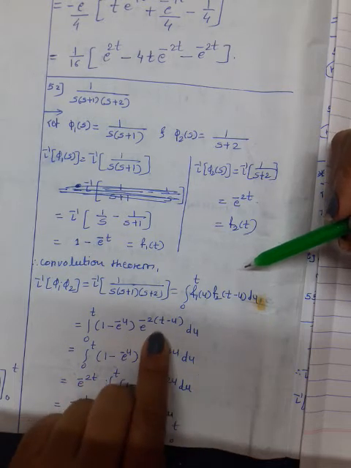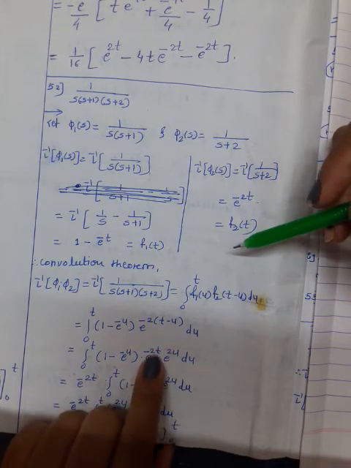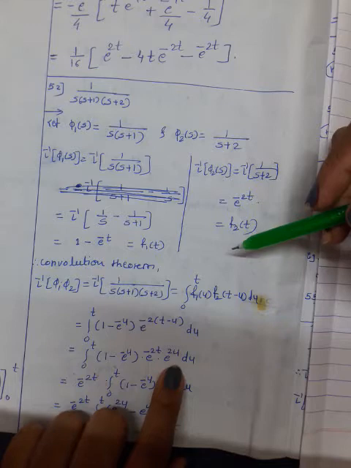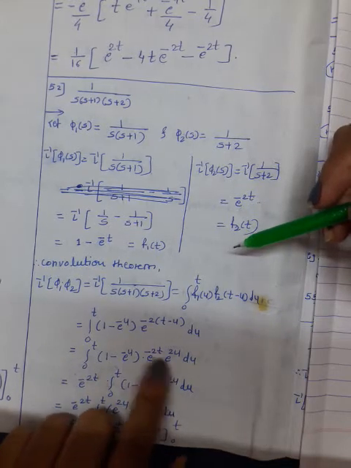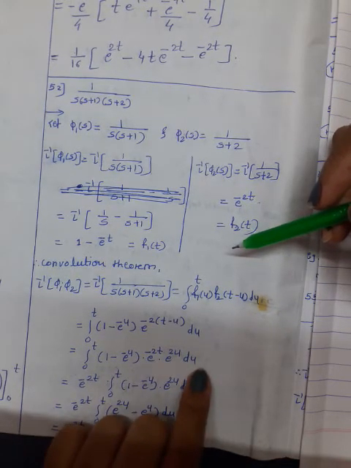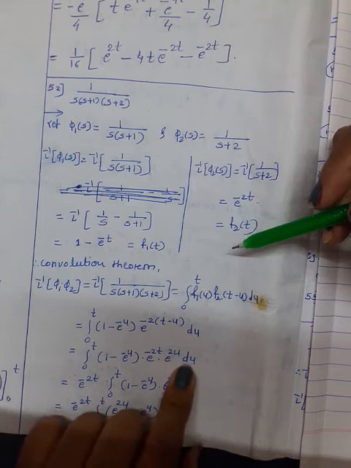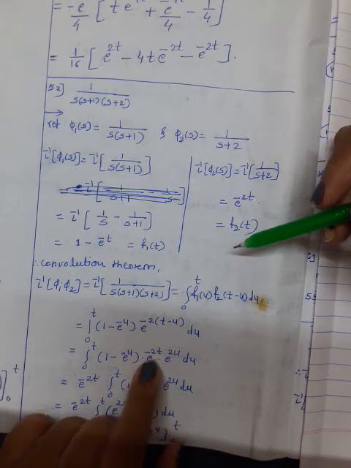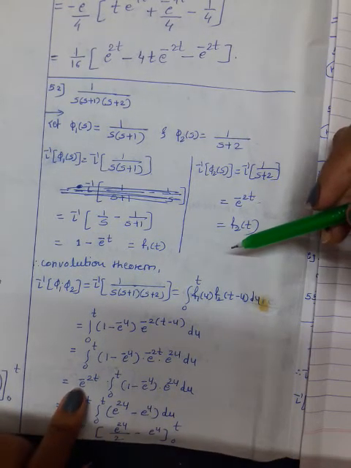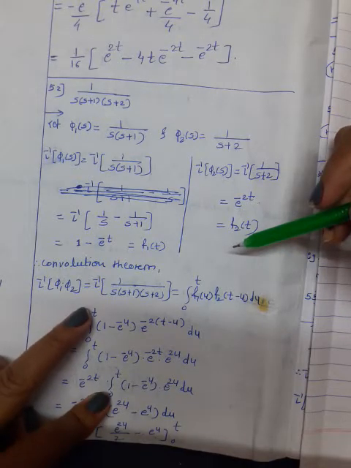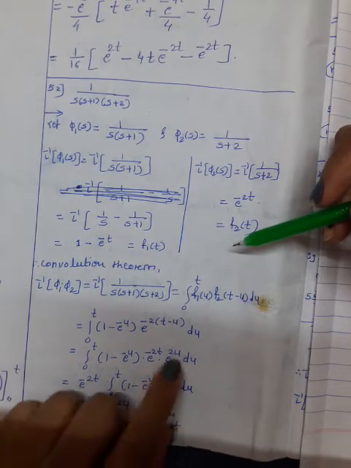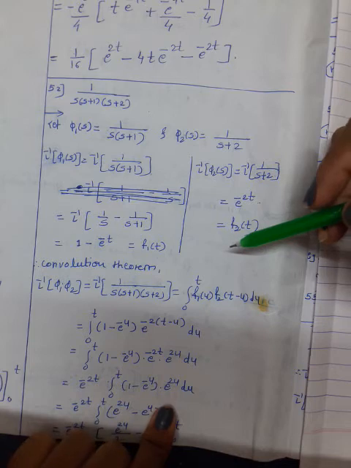Split this exponential, we get e raised to minus 2t, e raised to minus minus plus 2u. e raised to minus 2t is a constant regarding this integration because integration is with respect to u. It doesn't contain u, that's why take it outside as a constant, e raised to minus 2t. Integration as it is 0 to t, this bracket into e raised to 2u.